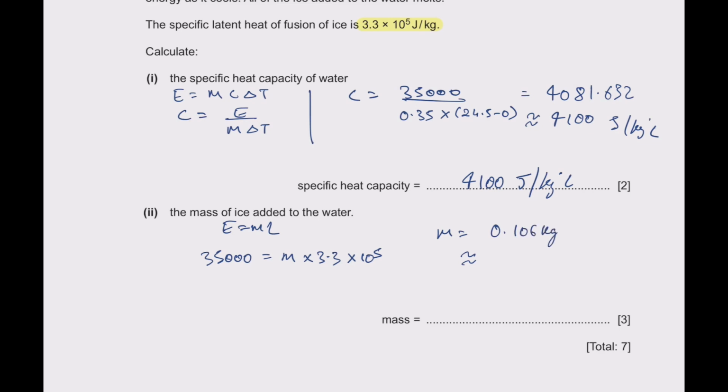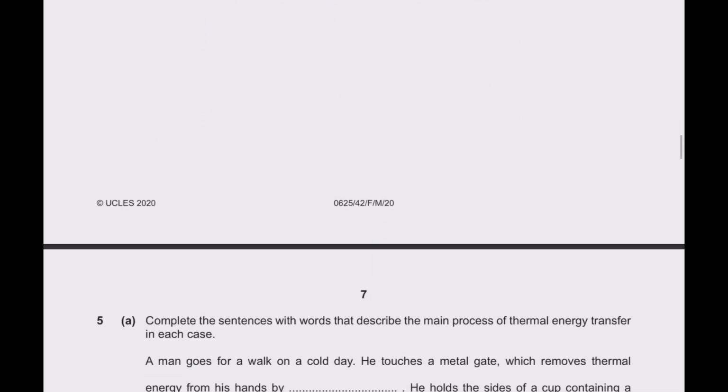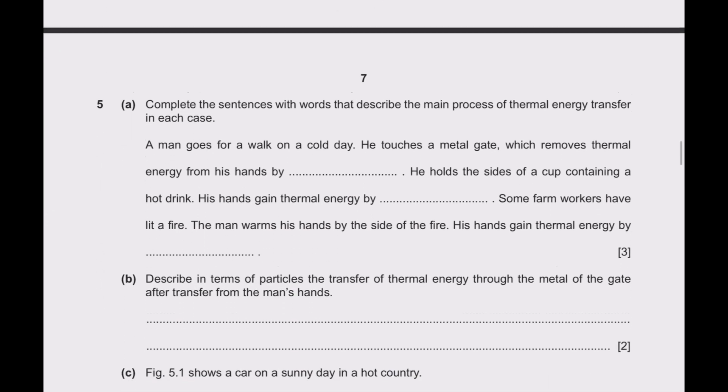Rounding it off to two significant figures, you will get 0.11 kg. So this much amount of ice is added to the water. So we have solved question number 4. Now question number 5.